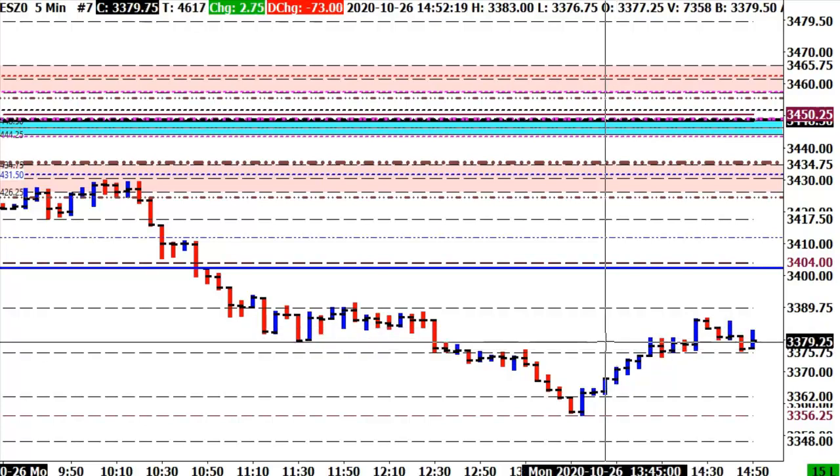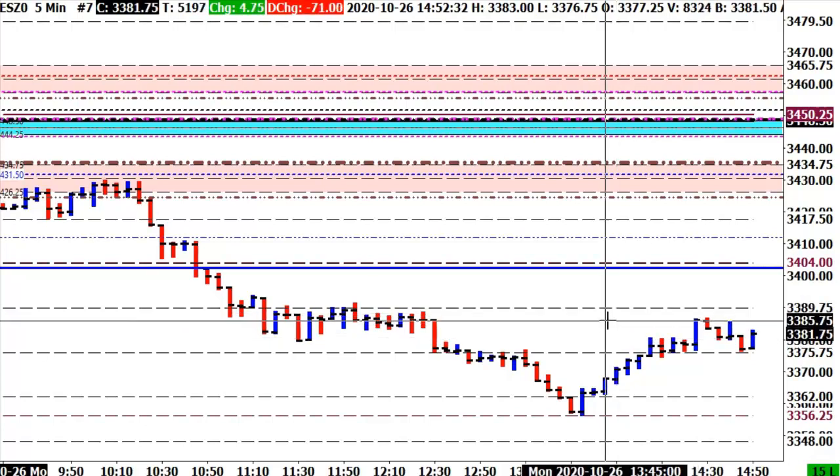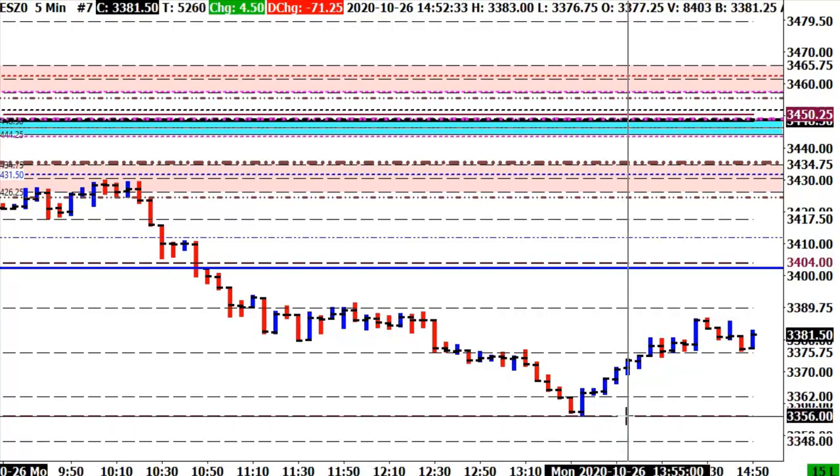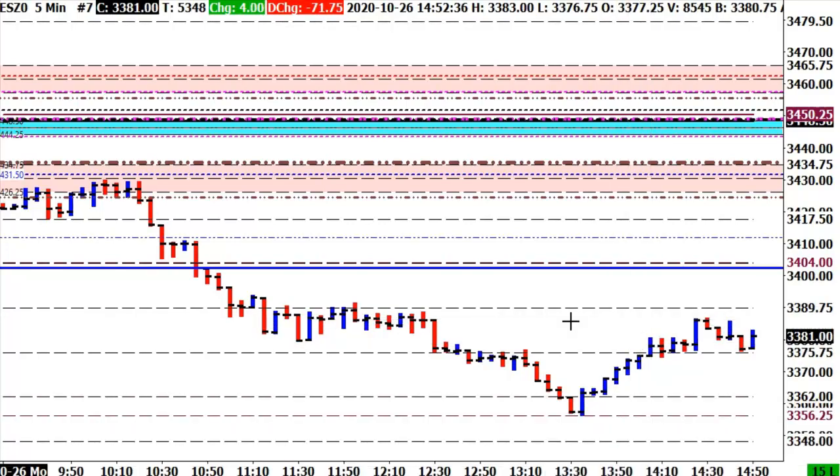For me, I like to put my targets right in front of resistance. It's just been shown to work out much better and much more frequently, and I don't have to spend my time guessing about how deep into the resistance zone or the support zone it can go.